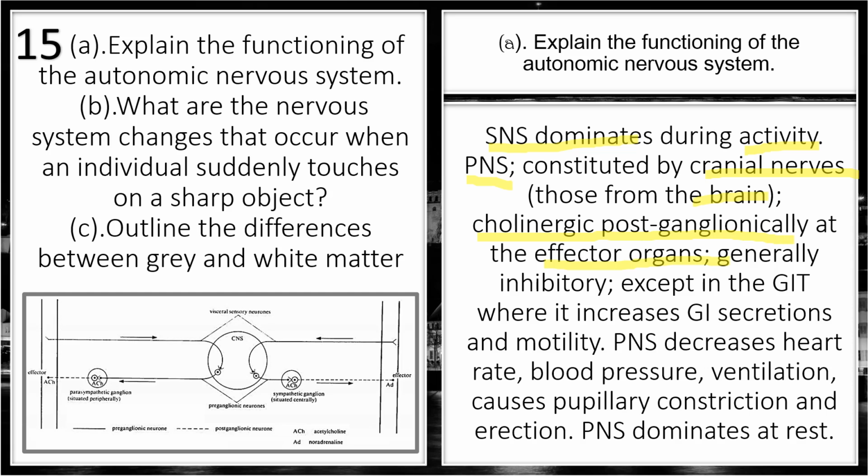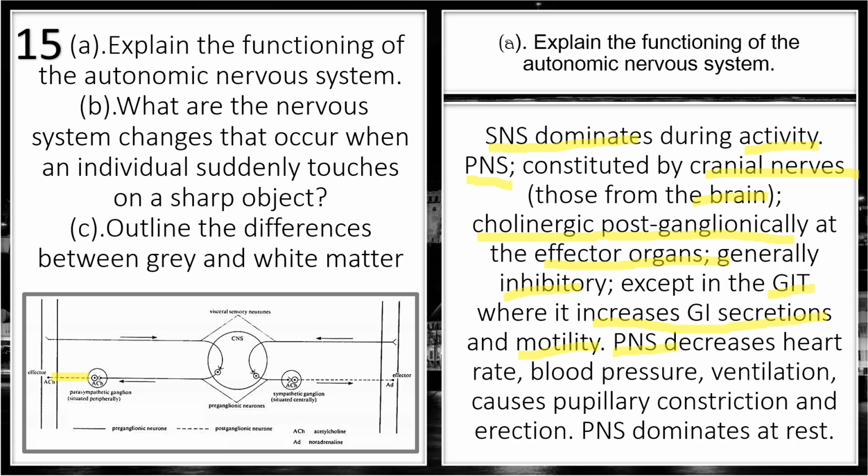So at the effector organ, the parasympathetic nervous system produces a transmitter substance which is acetylcholine, and generally it is inhibitory, except for the gastrointestinal tract, where it increases the gastrointestinal secretion and the motility.